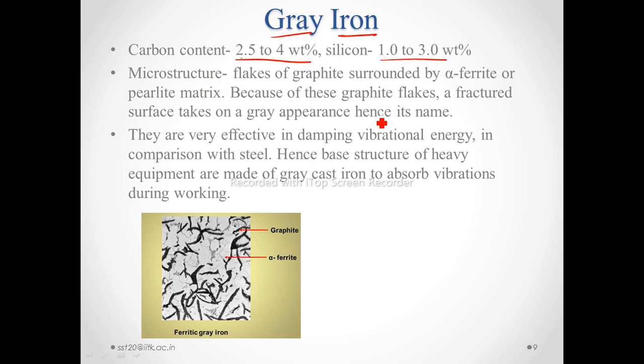As I said, the silicon will enhance the formation of graphite. The microstructure is shown in this picture, consisting of flakes of graphite in the matrix surrounded by alpha ferrite.